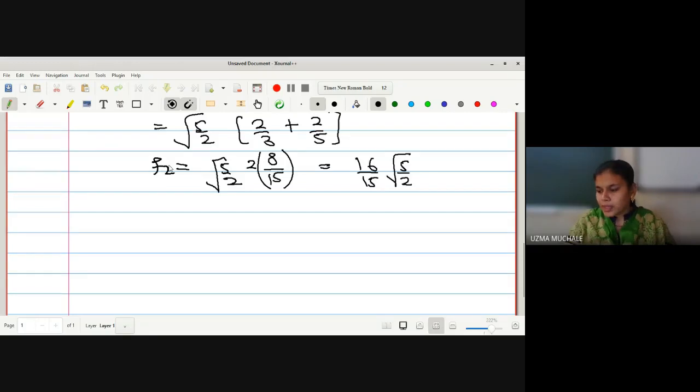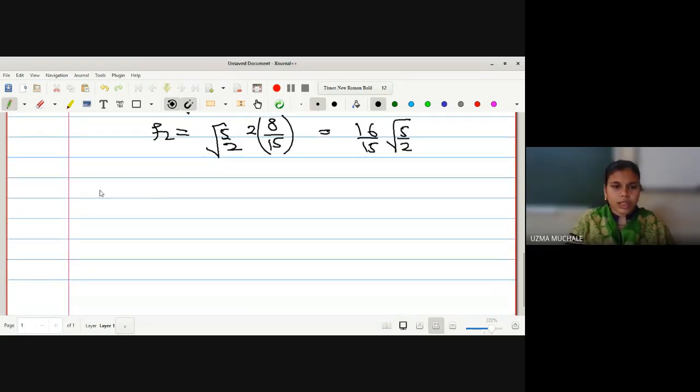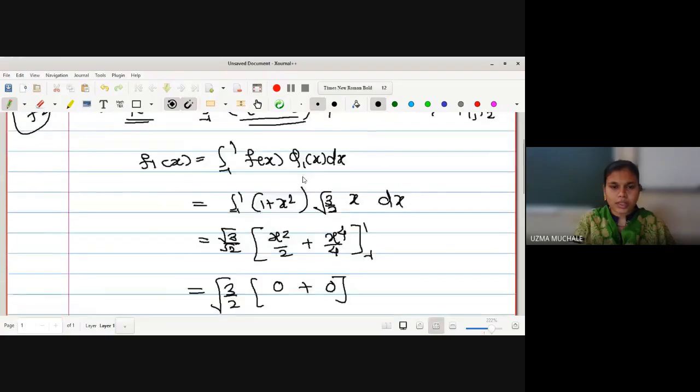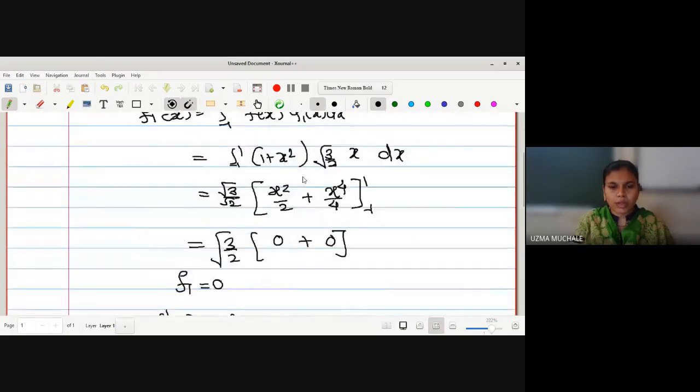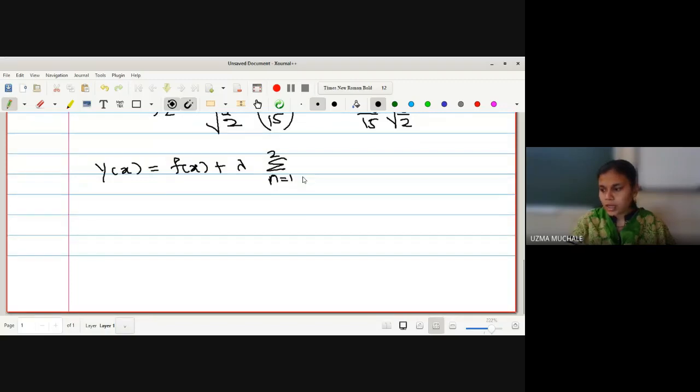Okay. Now we have to go for the solution. That means we have to discuss the cases. What will happen? y of x is equal to f of x plus lambda summation over n, which runs for 1, 2 because we get two eigenvalues. Initially we already got the eigenvalues in the last lecture, 3 by 2 and 5 by 2, right? Now we have to work with them only, right?